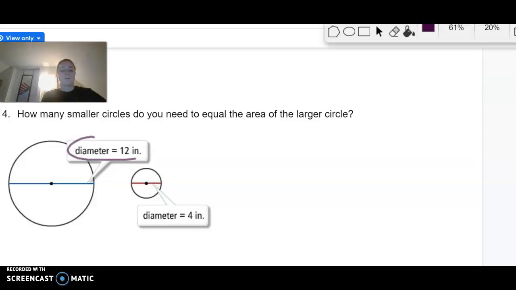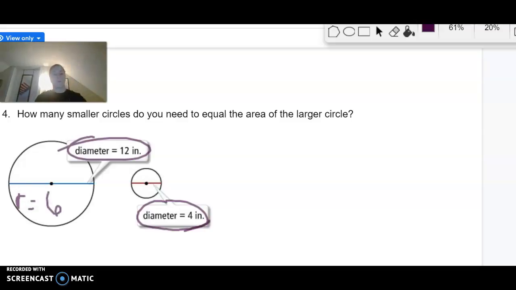So our larger circle here has a diameter of 12 inches, and our smaller circle has a diameter of 4 inches. So if the diameter of the larger circle is 12 inches, our radius must be 6 inches because we are dividing by 2. Okay, so we're going to put our radius equals 6.